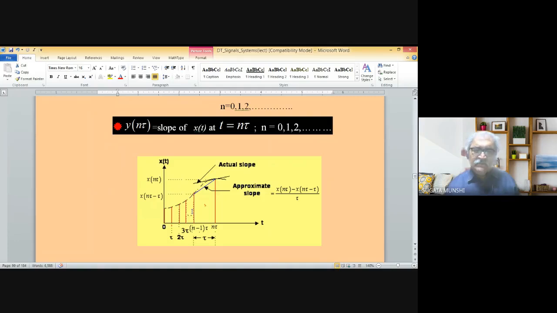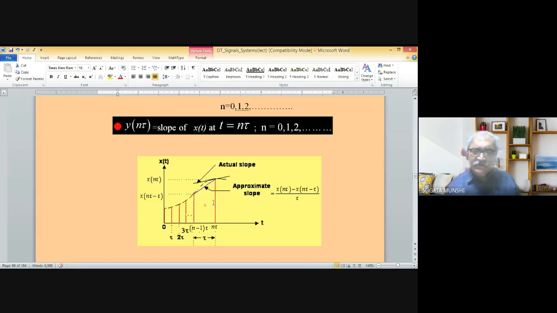How will the discrete time differentiator proceed? What information is available? The sample value information and the knowledge of the sampling period are available. So at t equal to n tau, I have drawn here, the dotted line represents the analog signal and the red vertical lines are the samples.